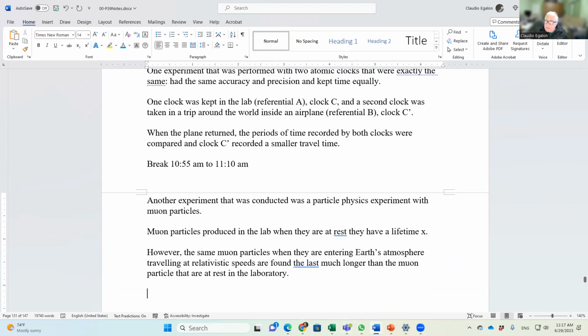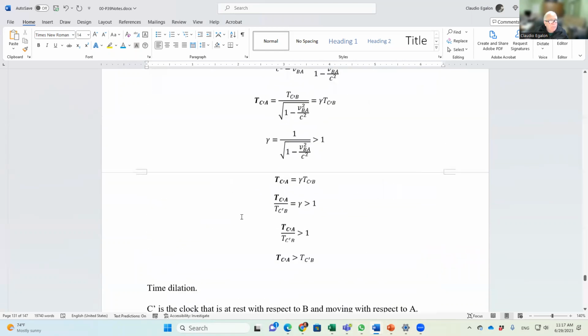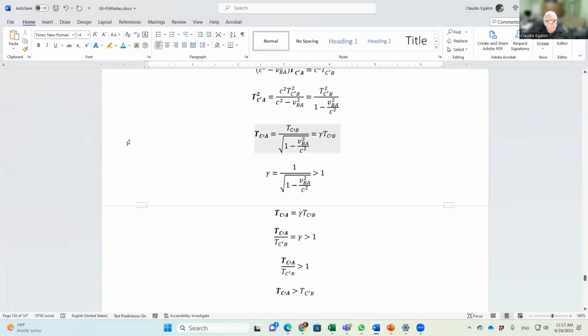And by the way, I'm gonna plot that equation that you saw so you have an idea. You know, this equation right in here. I'm gonna plot that against v, okay? The velocity of the referential.